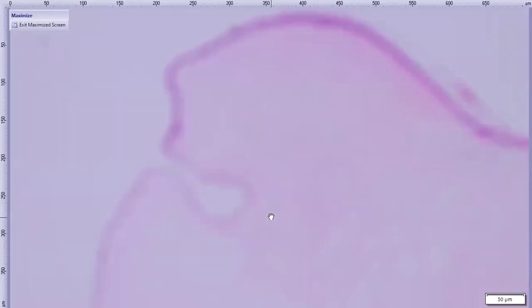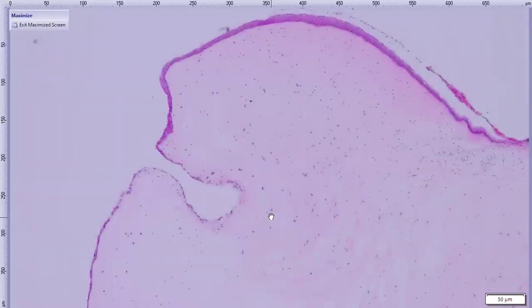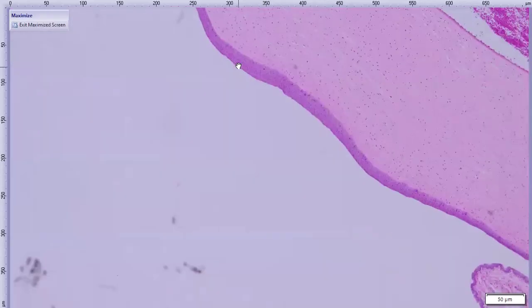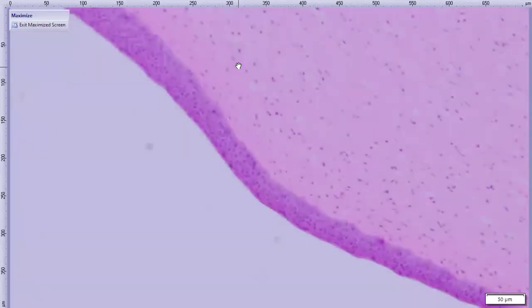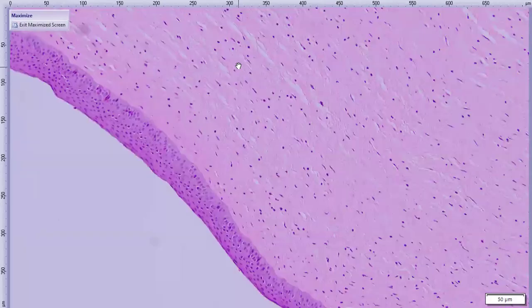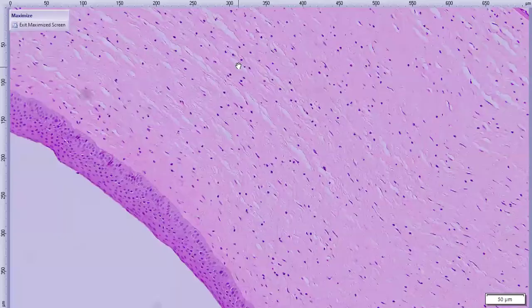So we'll just start here. That corneal epithelium is present here and it looks relatively normal. And actually, let's start on the other side, start with normal. Relatively normal corneal epithelium, stratified squamous epithelium that should not be keratinizing, which is true in this case. It is not keratinized over here.